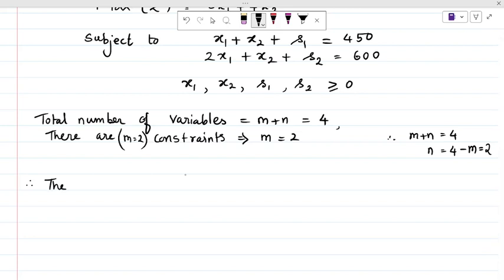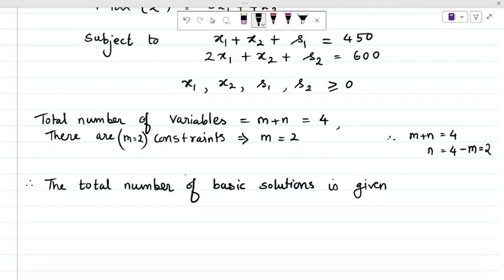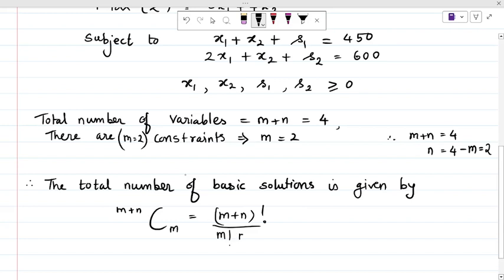The total number of basic solutions is given by m plus n choose m, which is (m plus n) factorial divided by m factorial n factorial.